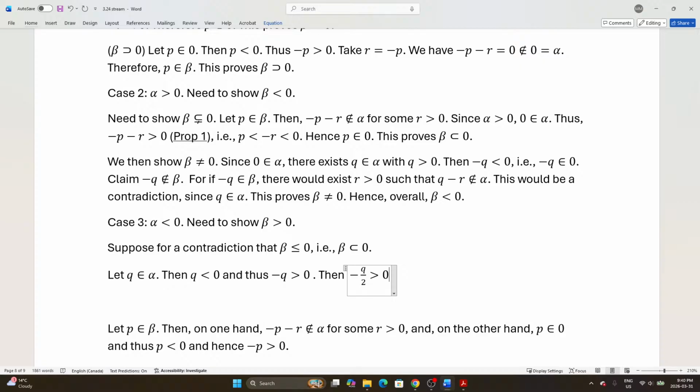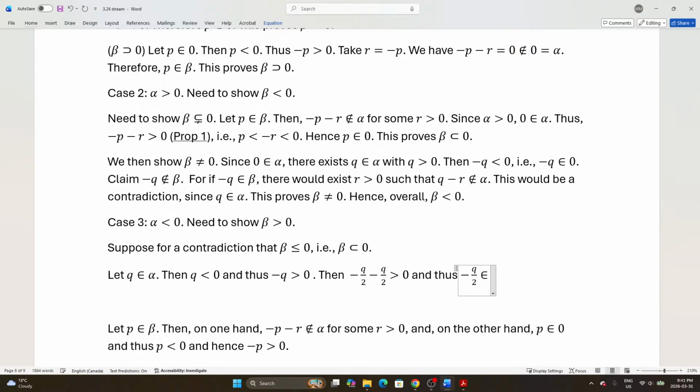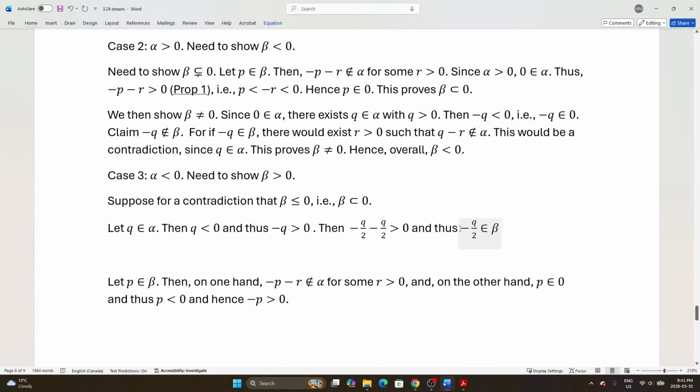This can be understood as minus half q being positive, and thus minus half q is in beta. Actually, half q should be in beta.